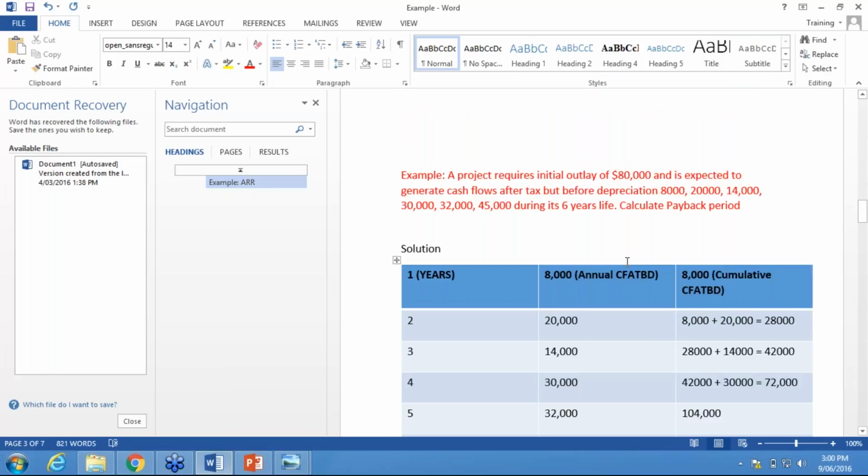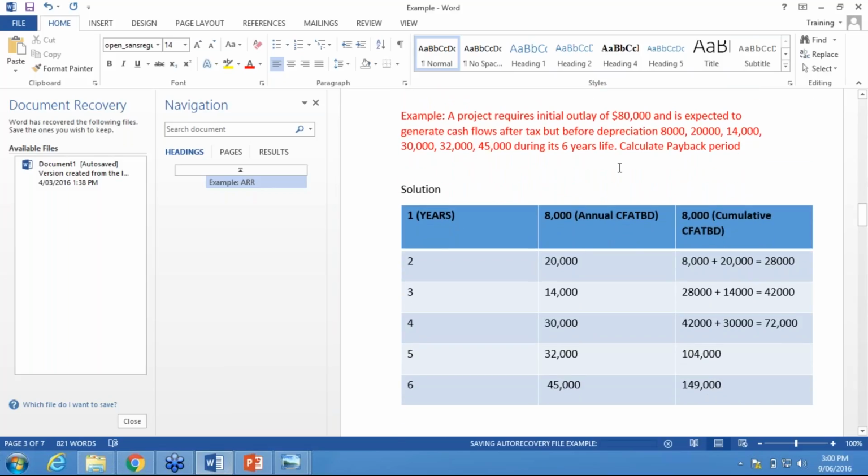A project requires an initial outlay. Initial outlay means your original investment. The project requires 80,000 of initial outlay and is expected to generate cash flows after tax but before depreciation. One thing that I want to clear here, please write down: for the ARR method, we always consider profits after depreciation, after tax.